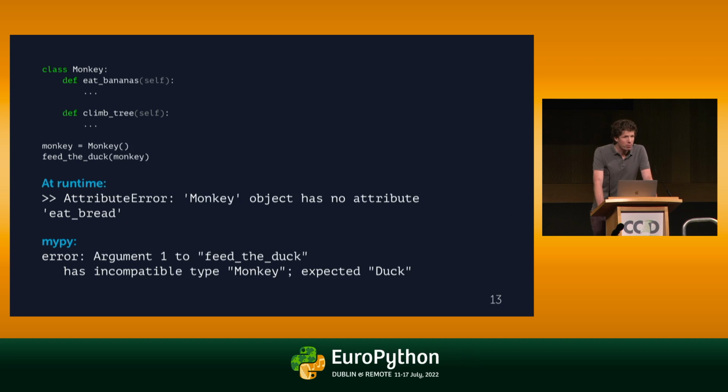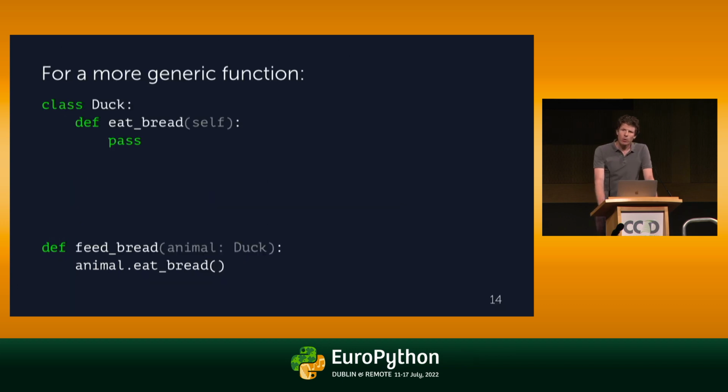But if we would use MyPy beforehand, before runtime, it would already tell you that argument 1 of feed_the_duck, so the only argument, is actually of type Monkey, and it would expect it to be a Duck. So here MyPy can really help you spot any issues with your code before runtime. So that's cool.